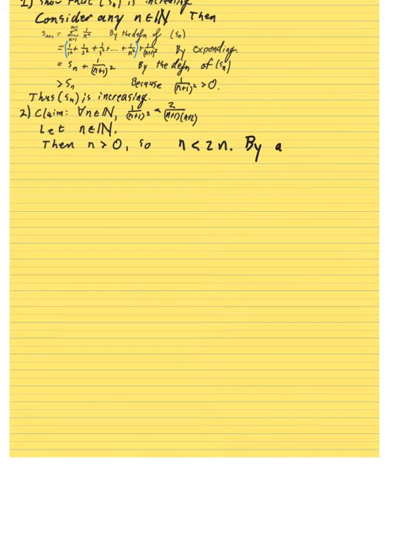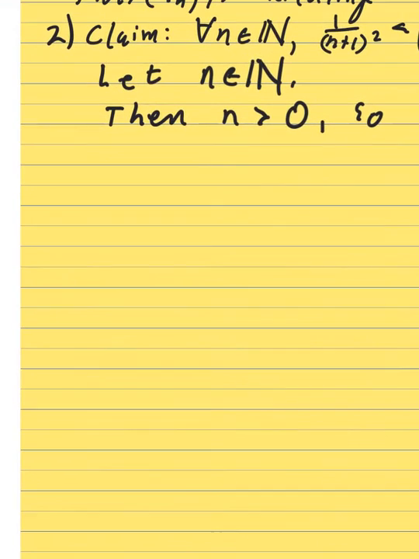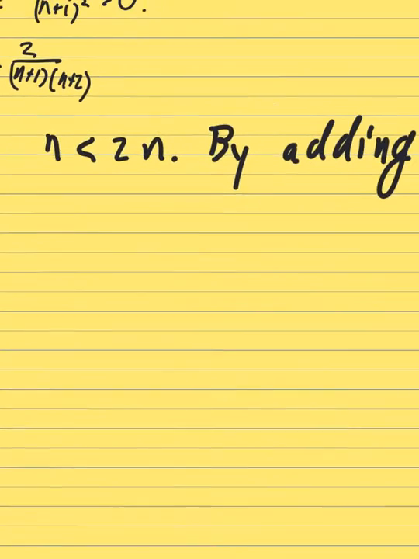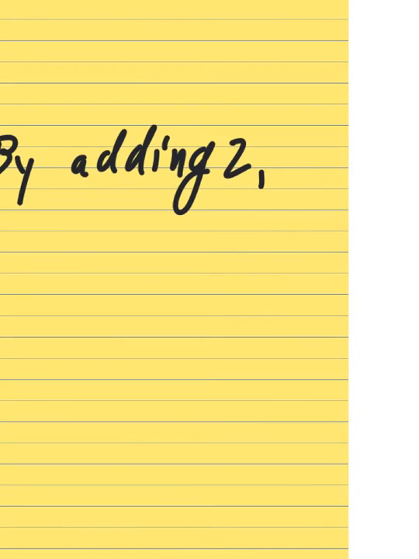By adding 2, I get n plus 2 is less than 2n plus 2. And by simplifying, that's 2 times (n plus 1).